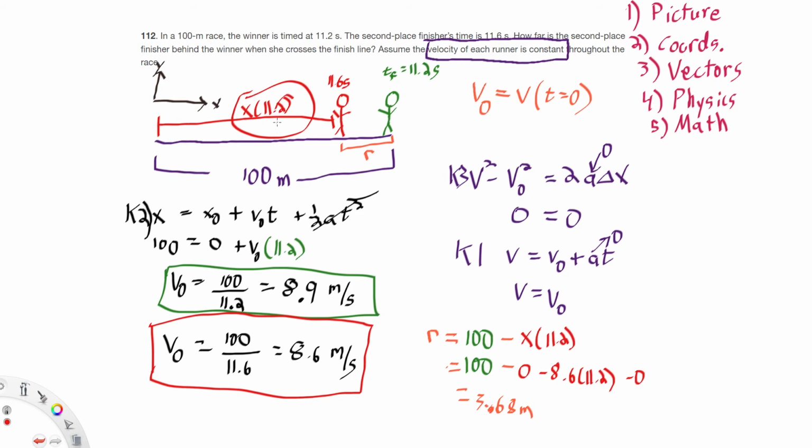What I'm writing here is not x times 11.2, but x of 11.2, in the sense that if we wrote f of x equals 3x squared, the 11.2 is the argument of the thing.